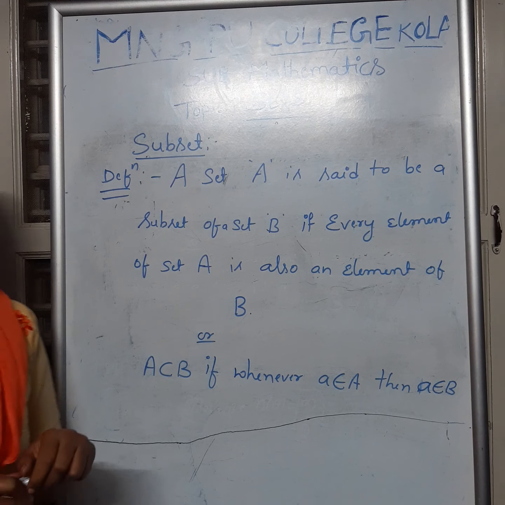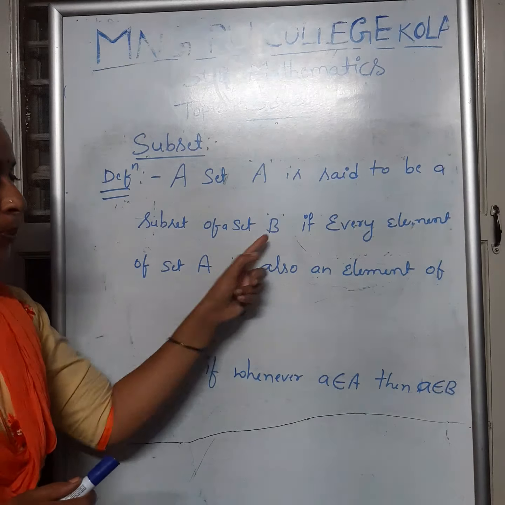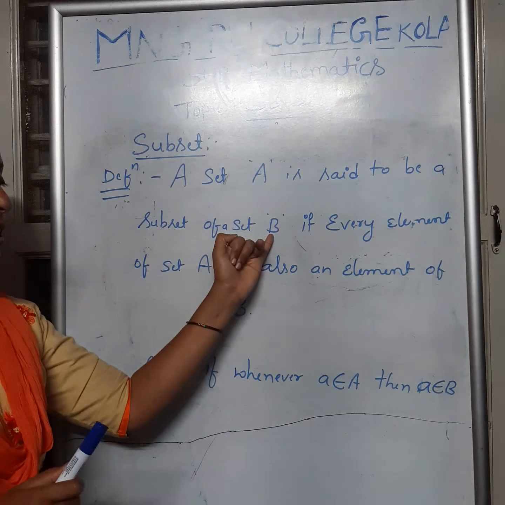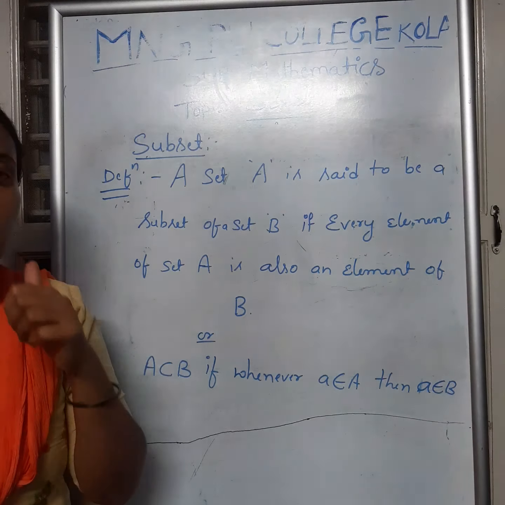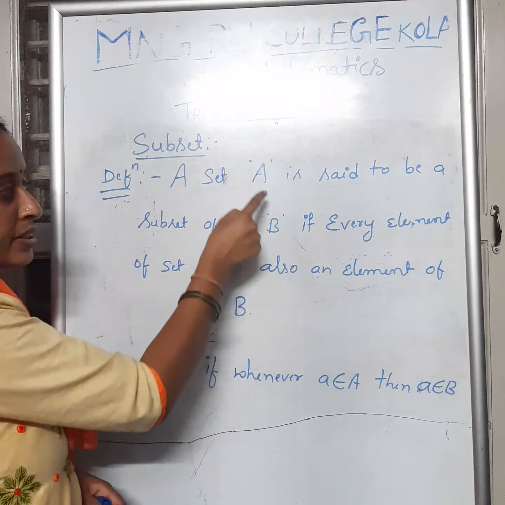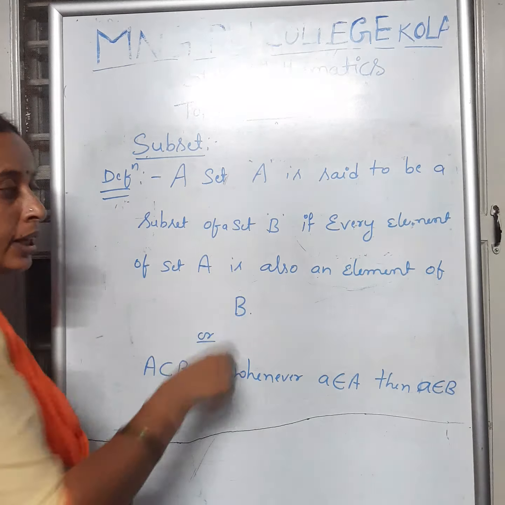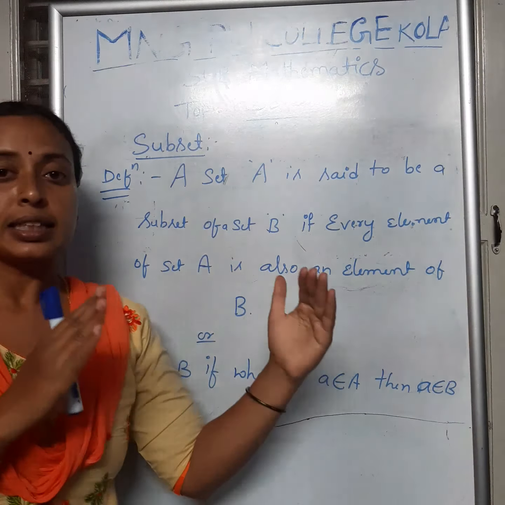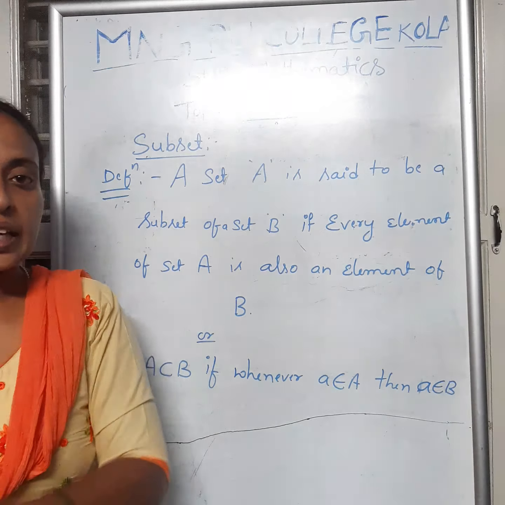What is the definition of subset? What does this mean? A set A is said to be a subset of a set B. Here we consider two sets, one set is A and the second set is B. So set A is called a subset of set B if every element of set A, the same elements, are in set B also.